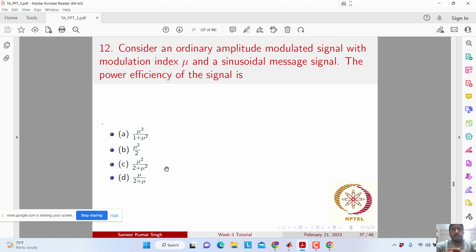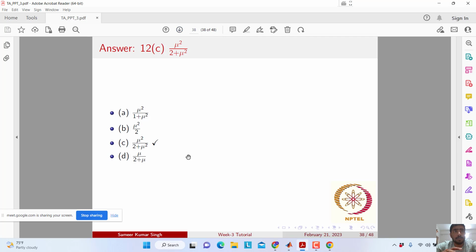Consider the other types of message signal. There is sinusoidal, and next we consider various types of message, suppose we have a rectangle. We will discuss it in the next class. Please think about this. For the sinusoidal, our efficiency will become mu square upon 2 plus mu square, right?